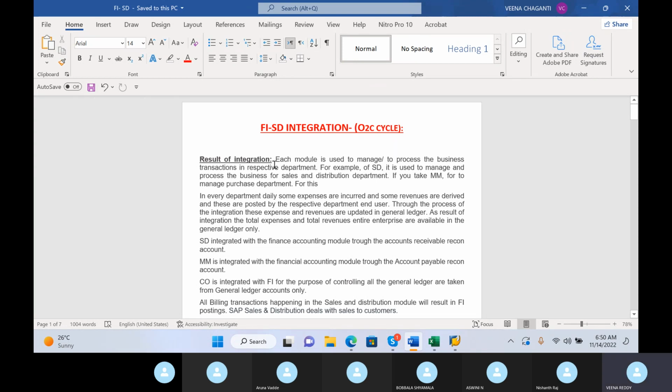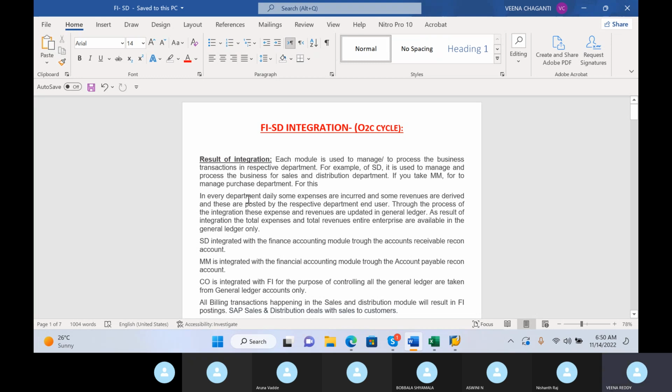So, the result of the integration: each module is used to manage and process the business transactions of its respective department. For example, SD is used to manage and process the business of the sales and distribution department. MM is used to manage the purchase department.